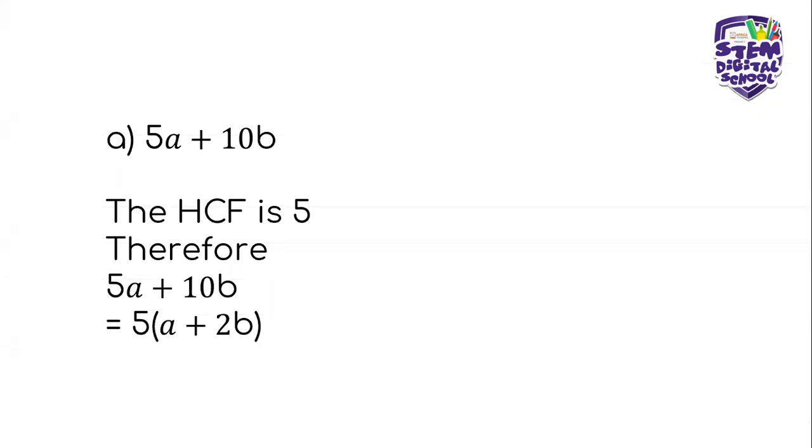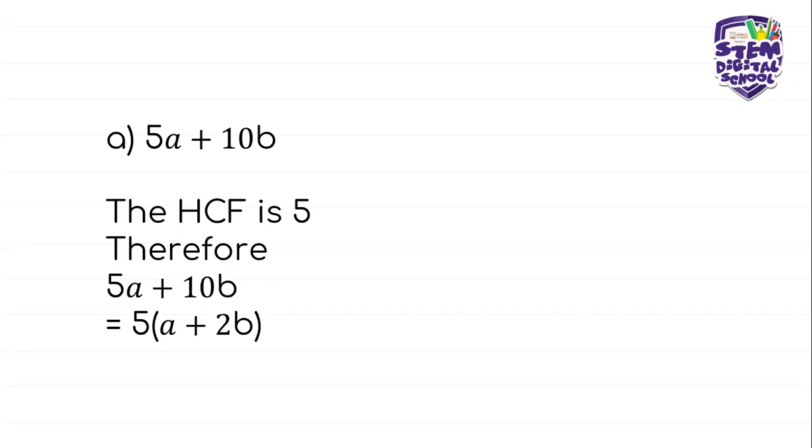So very important, we need to always remember the importance of taking out the common factor. So 5a plus 10b, and then the 5 is the common factor, then you have 5, open bracket, a plus 2b.